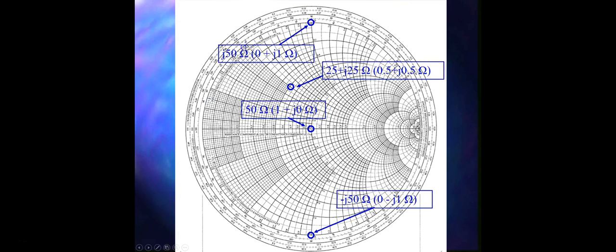So the inductive reactance here I see is 0.5, and it lies on the same circle. So after that you can see this point, which represents 0.5 plus j0.5.